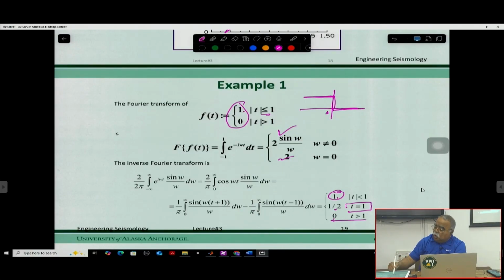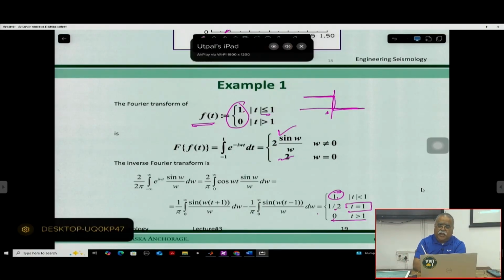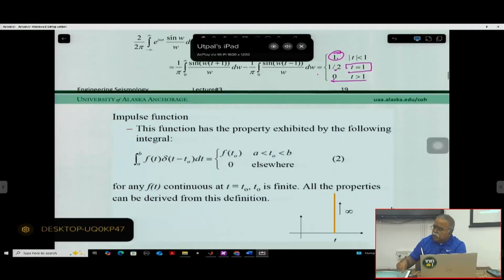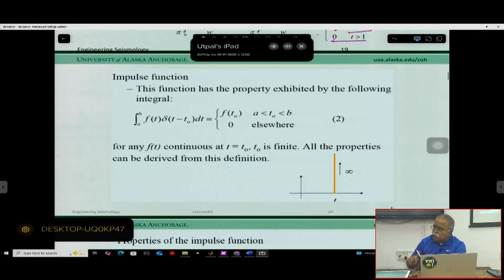So although you started with this function, if you take the inverse Fourier transform, you will not recover the signal entirely. The signal will not be identical to what we had before. There will be a little bit of difference, and that difference is due to the phase and other parts. We'll come to that point afterwards.